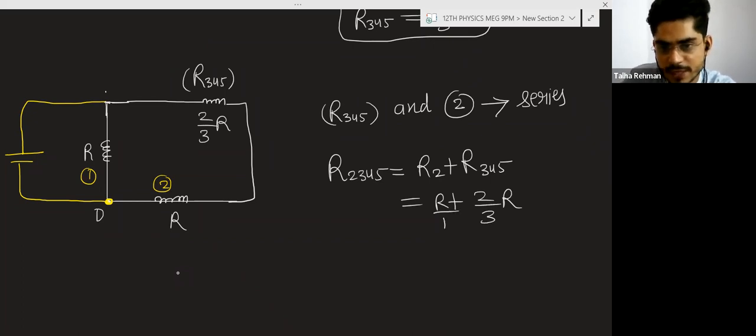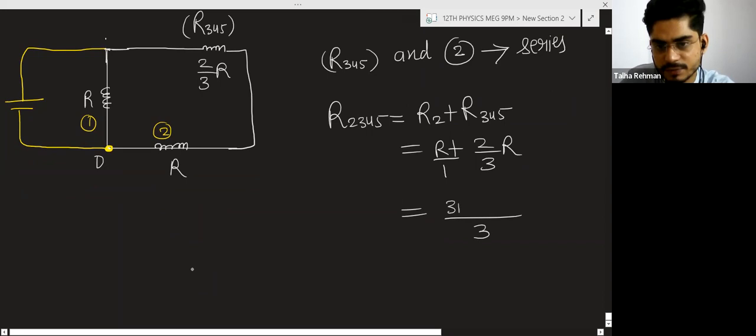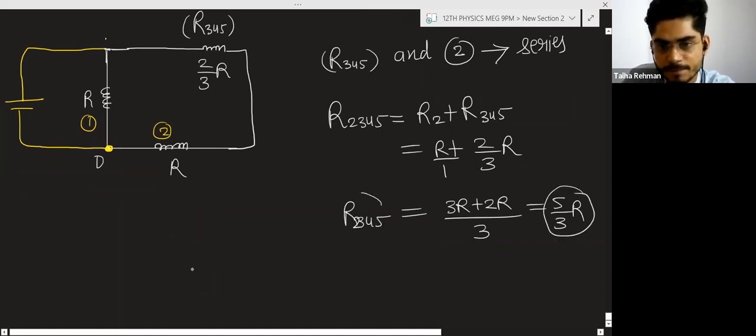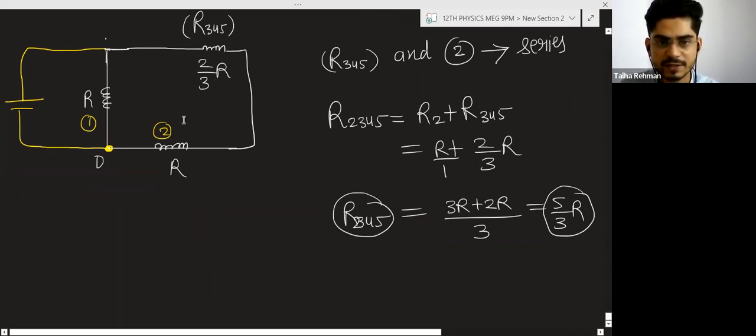So take the LCM as 3 and cross multiply. This will become 3R, this will become 2R, this will become 5 divided by 3 into R. So R2, 3, 4, 5 is given as 5 by 3R, means the equivalent of this and this.